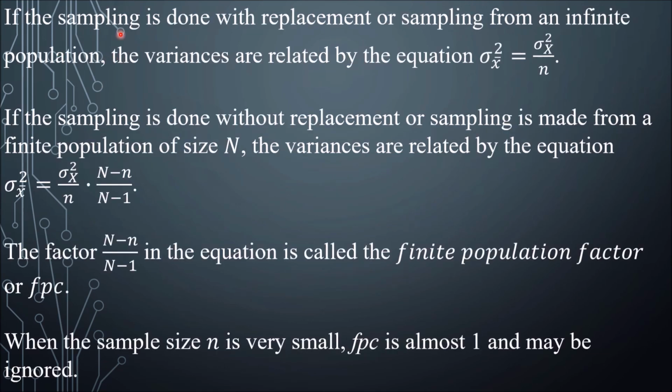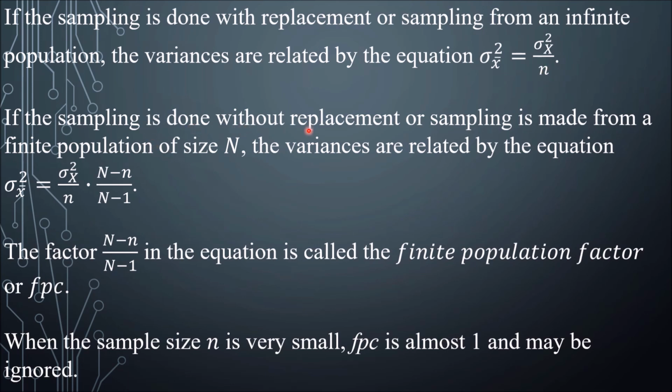If the sampling is done with replacement, or sampling from an infinite population, the variances are related by this equation. The variance of the sampling distribution is equal to the variance of the random variable, in our case the number of marbles, over the sample size.